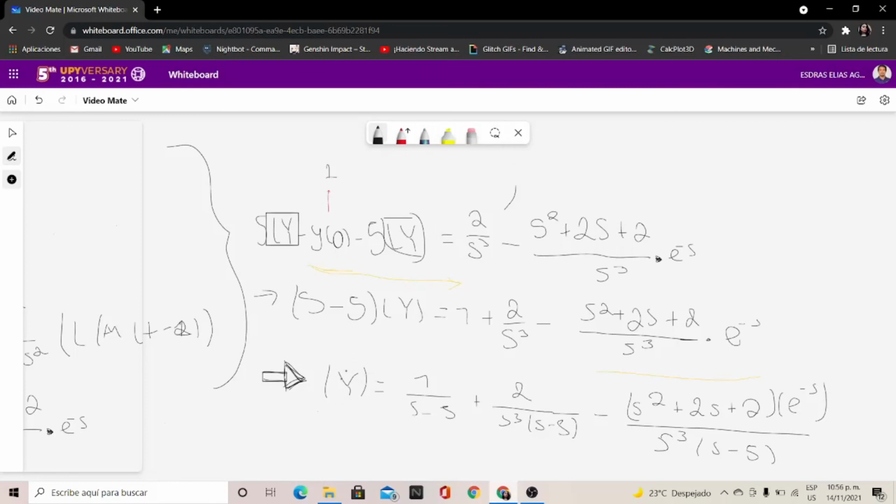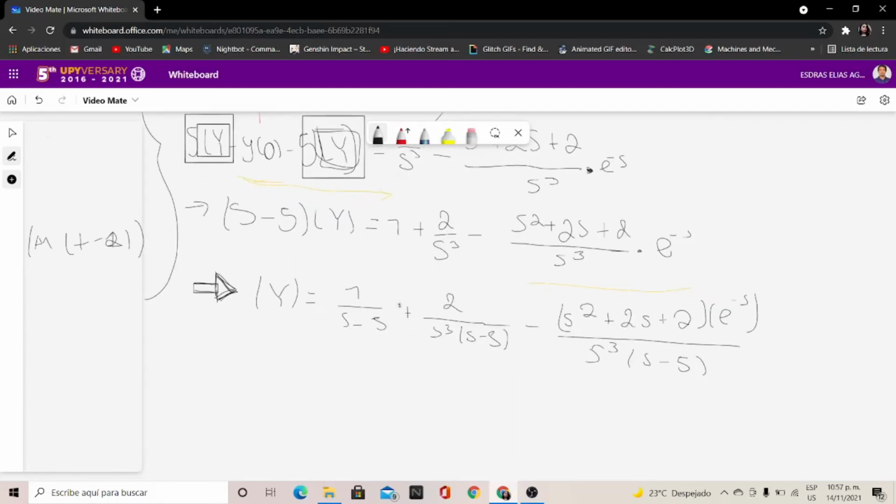To finally solve for g, we factorize the similar terms, g and g, while the different terms are 5 and s. Factorizing, we have s minus 5 times g.